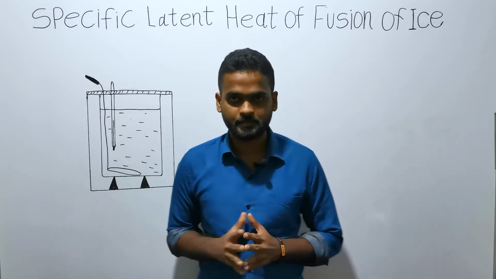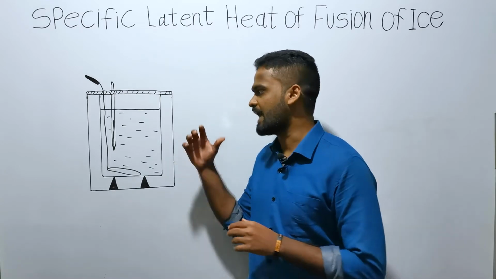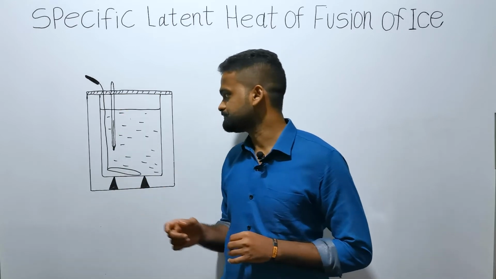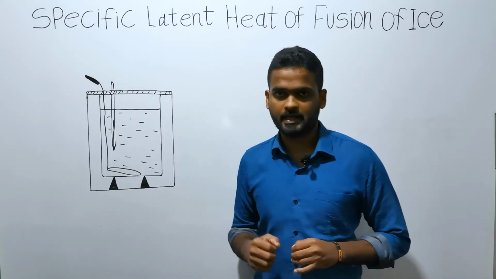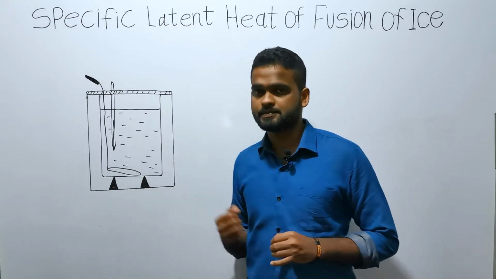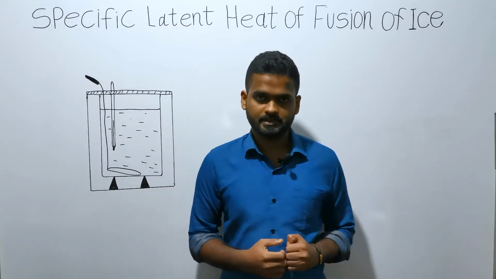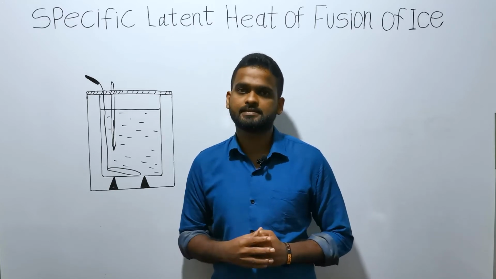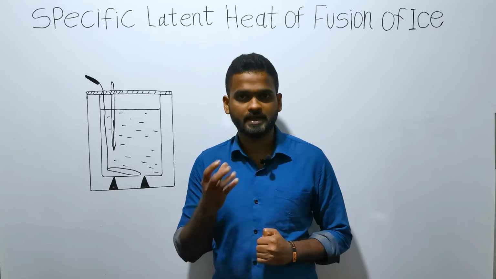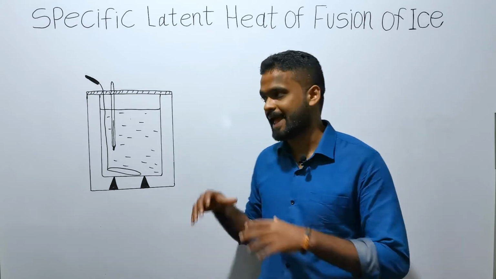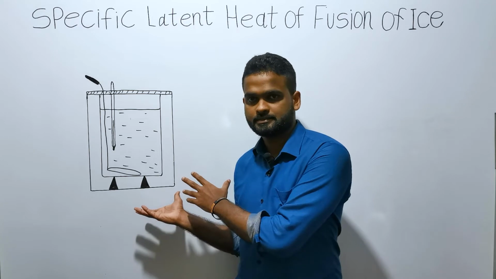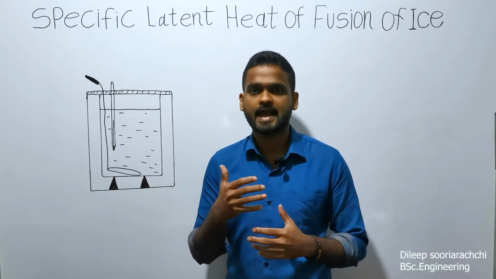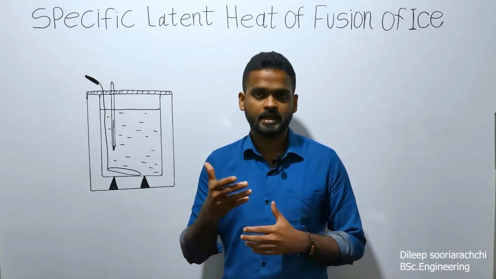We need the calorimeter, a thermometer, a stirrer, water, a sufficient amount of ice chips, filter papers, a chemical balance or four-beam balance, and a box of weights. So we can arrange this setup.